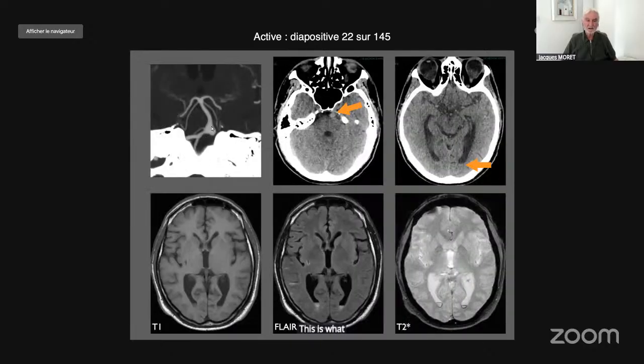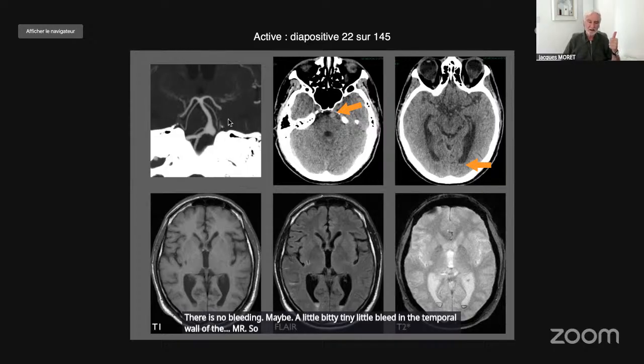So obviously, this is a dissecting aneurysm of the basilar, which is visible here. There is no bleeding. Maybe a little bit here, a tiny little bleed in the temporal horn on the MR. So no question, it's a fresh dissecting aneurysm which has bled.